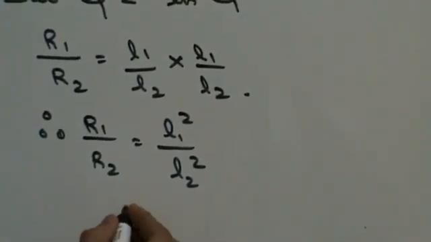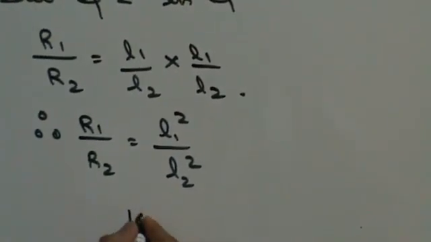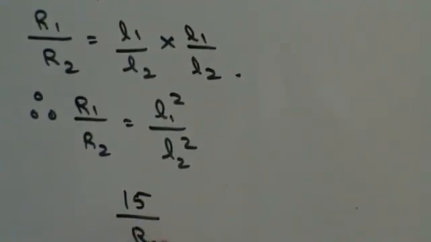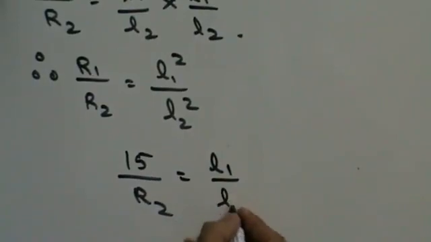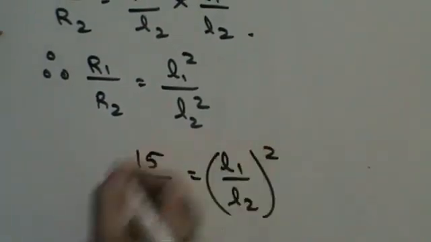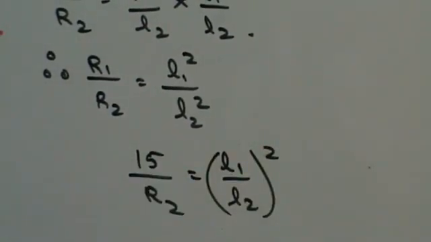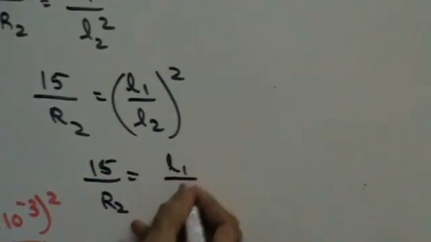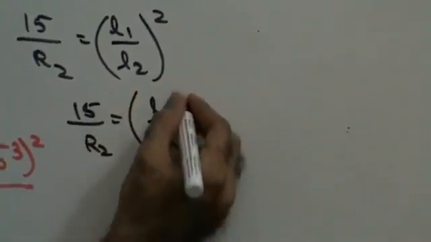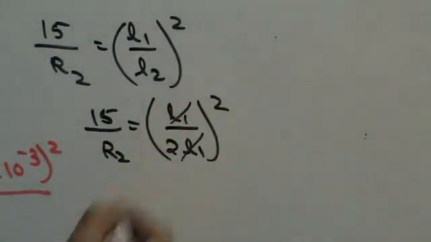The R1 we know is 15, so 15 upon R2 is L1 upon L2 the whole square. L2 can be written as twice L1, so 15 upon R2 is L1 upon twice L1 the whole square.